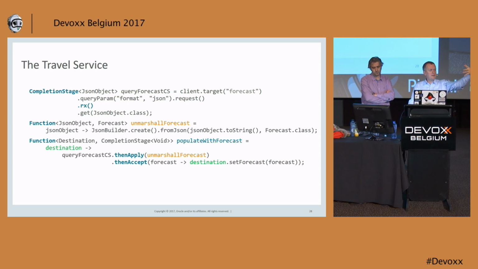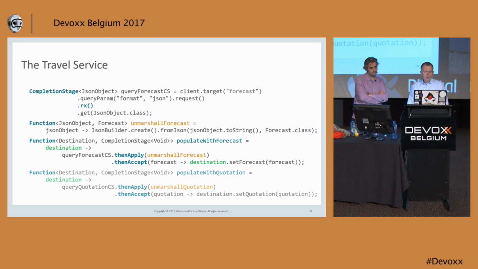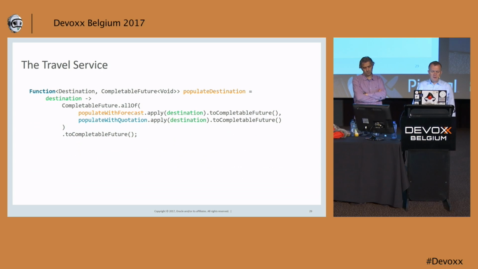What we want is, in fact, to populate some fields of the destination object with information coming from REST service requests. Great. We can do that with any kind of other property. Here we have a quotation also. So we have two services, forecast and quotation services, that are going to set two different properties of our destination object. Right. So this is the basic block of our system.